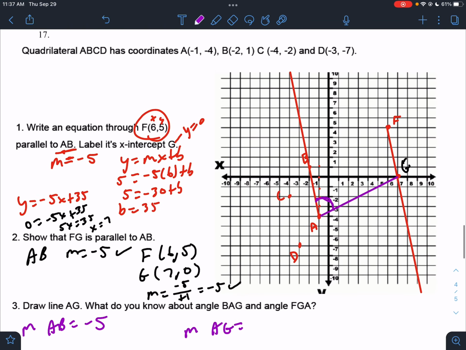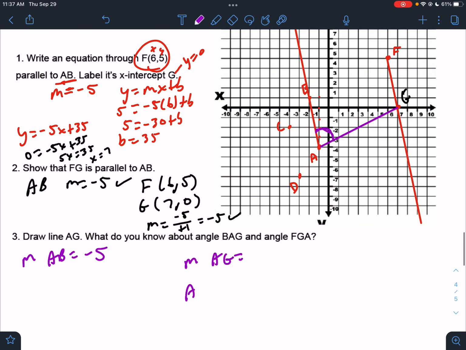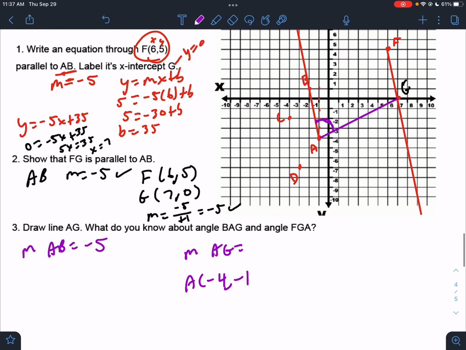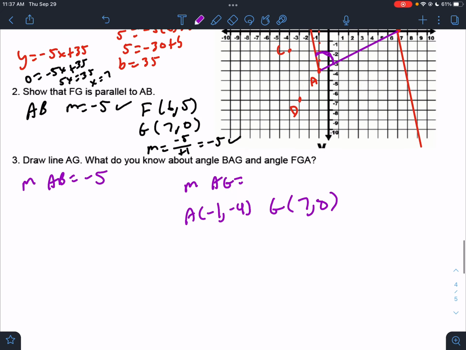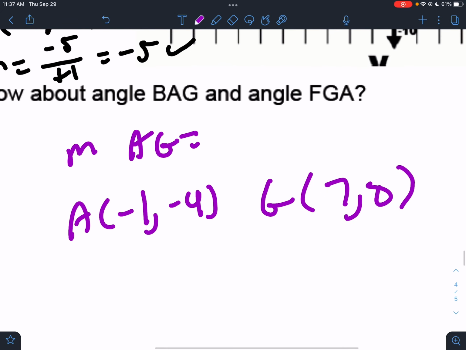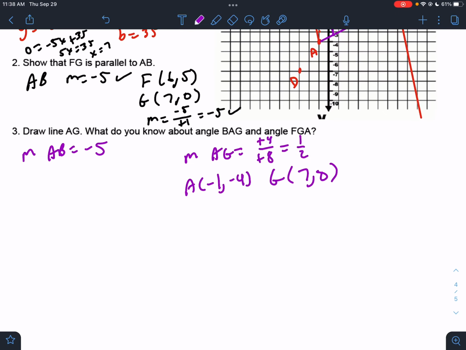For A, it's negative 1, negative 4. And G, we just said, is 7, 0. So what is that slope? Negative 4 to 0, that's plus 4. Negative 1 to 7, that's plus 8. That's positive 1/2.